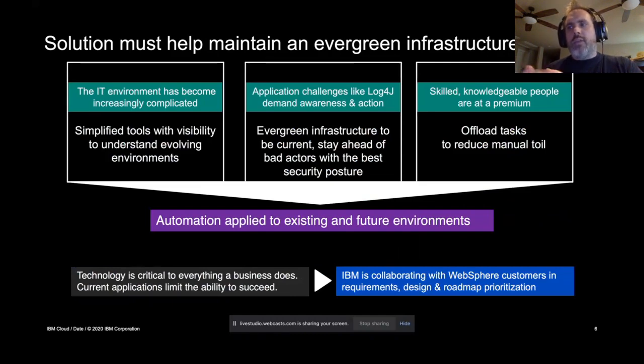A lot of times the operation teams are so overloaded with the work they need to do today, they're kind of cut out of those conversations. So if we can deliver a simplified tool that helps you stay current and does offloading of a lot of tasks, that's exactly the kind of automation that we want to apply to the existing and future WebSphere environments.